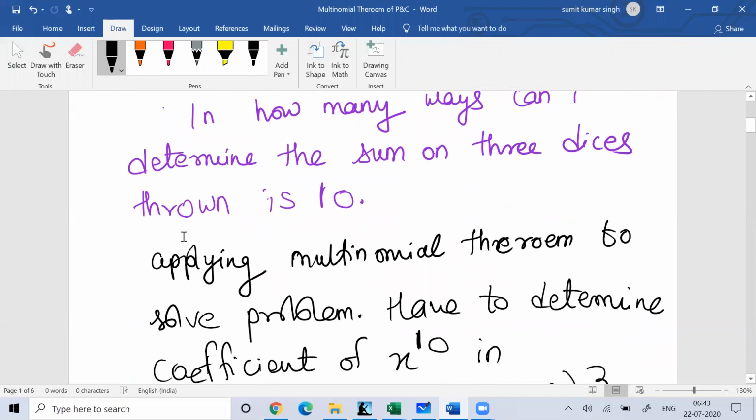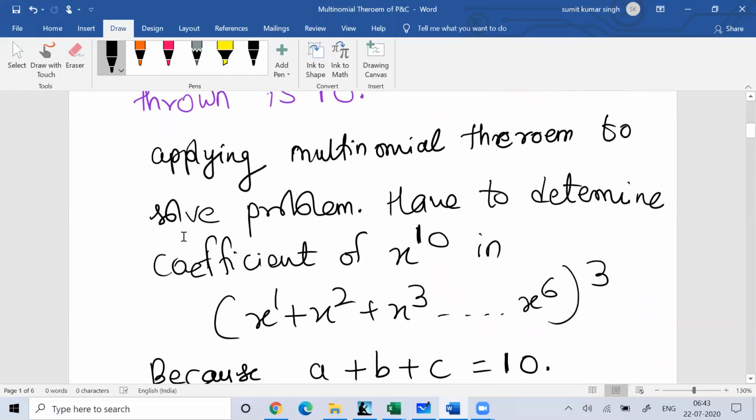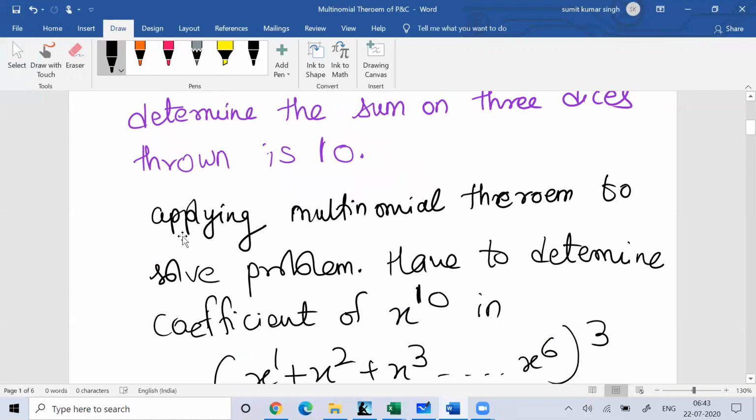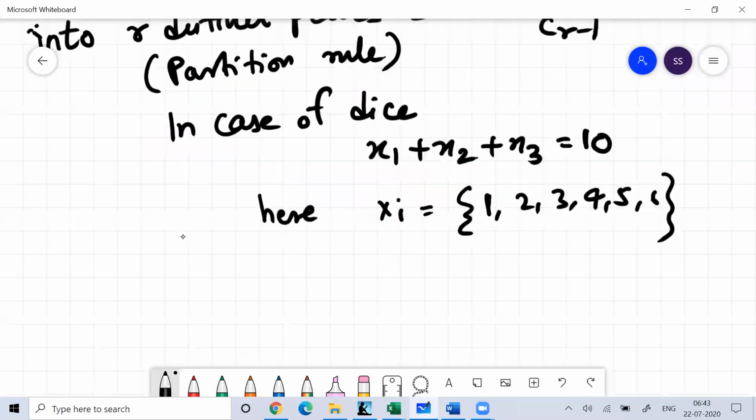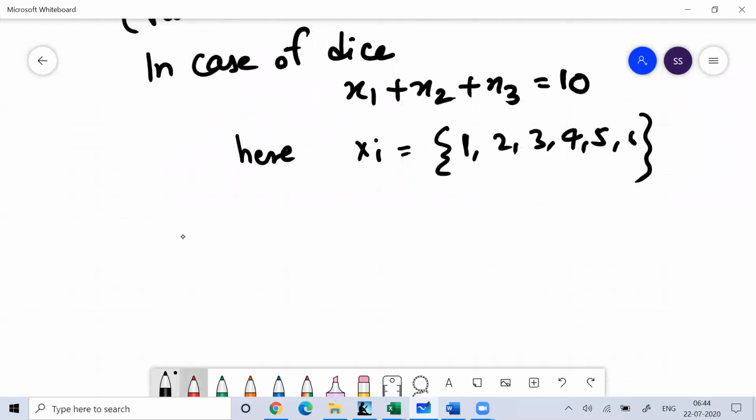Whenever we apply the multinomial theorem, we need to assume a random variable called x.